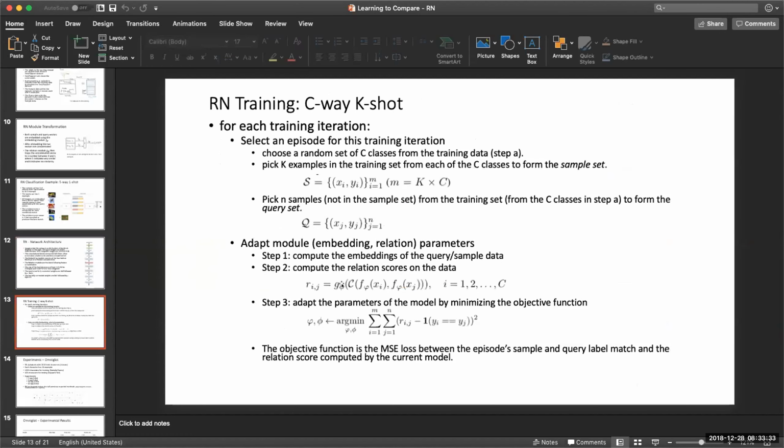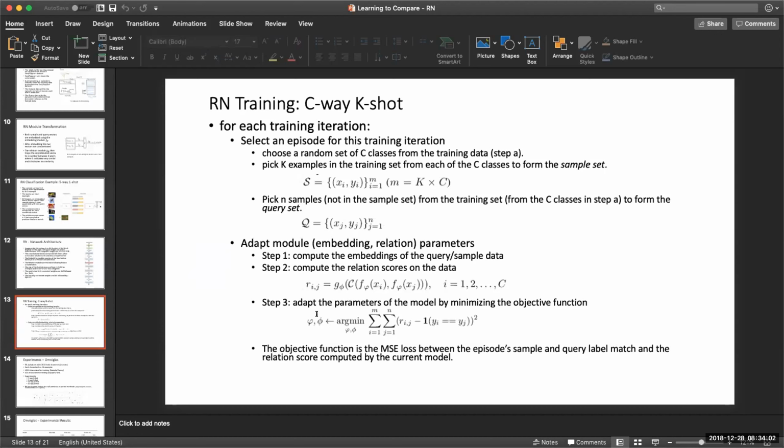Then the relation scores are computed on the concatenation of those vectors that I just mentioned. This is running the data through the final stage, the G stage, the relation stage, to get these R_IJs, which are numbers between 0 and 1.